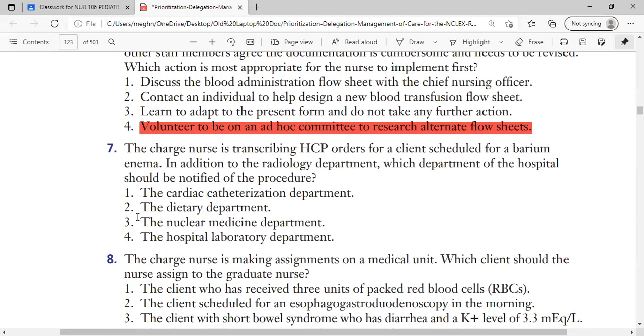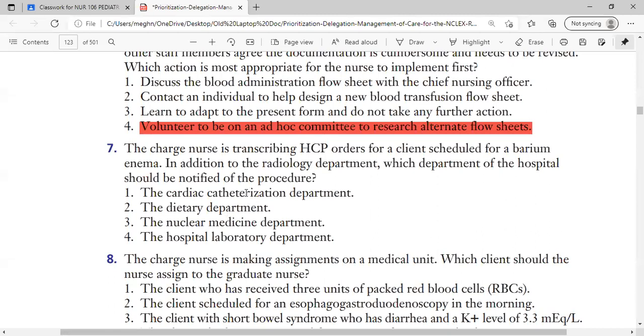So number 2, dietary department. The client must be nothing by mouth for at least 8 to 10 hours before the procedure. Therefore, the dietary department should be notified to hold the meal tray.